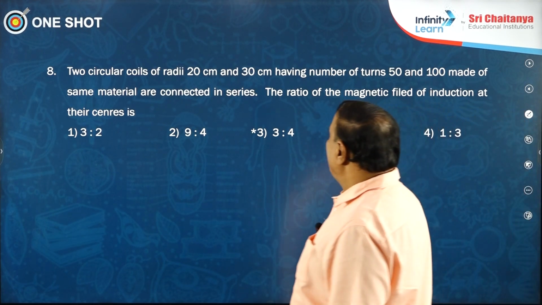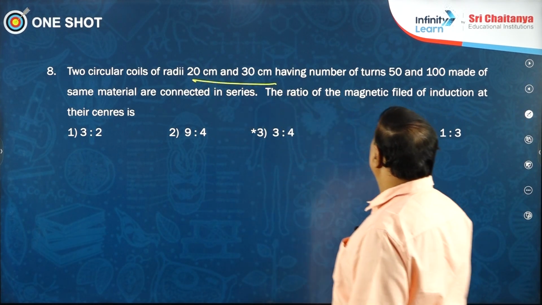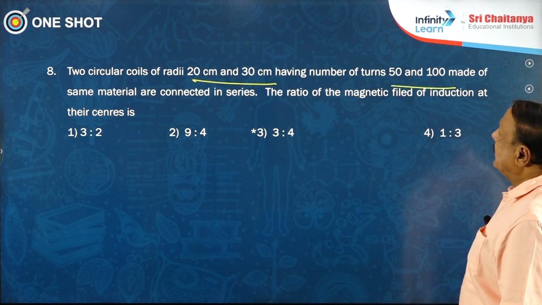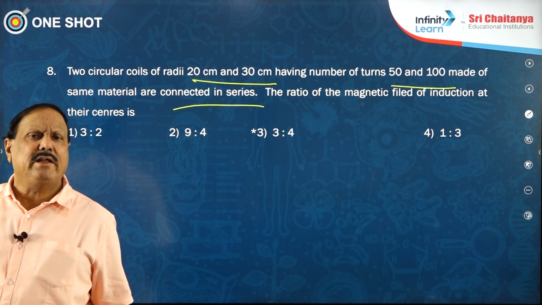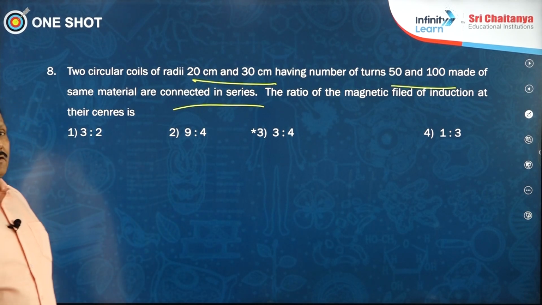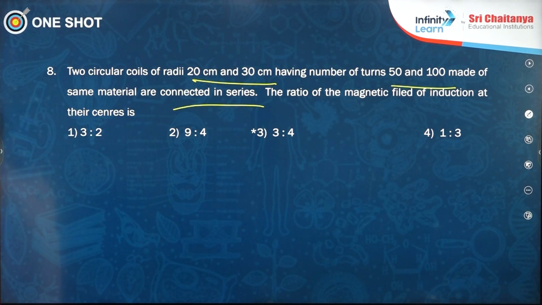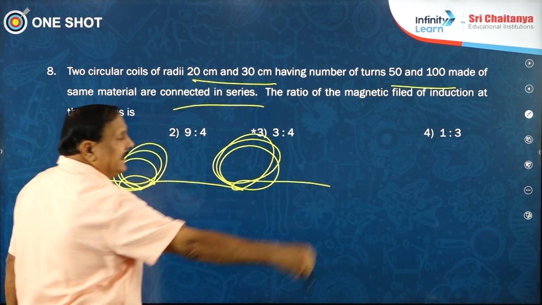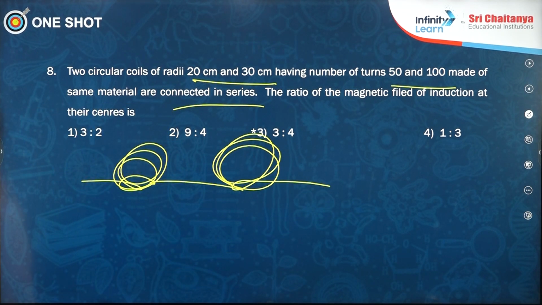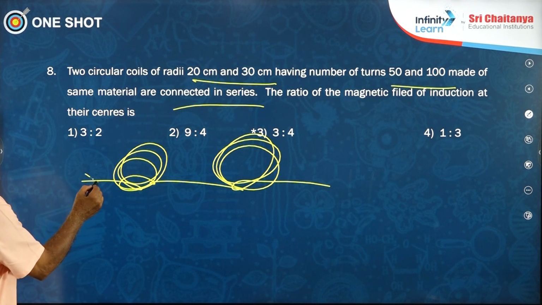two circular coils of radii 20 and 30 having number of turns 50 and 100 are connected in series. Very important formula, very important question. Let me explain. Here two coils are connected in series like this. When they are connected in series, what is the condition?